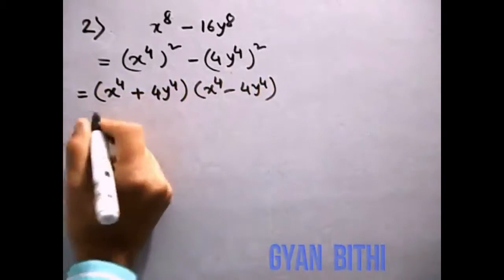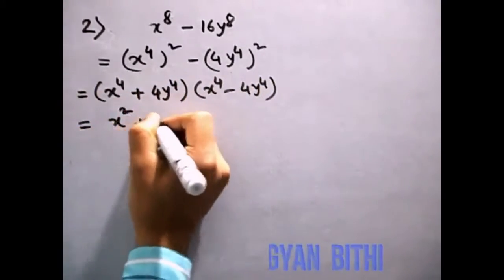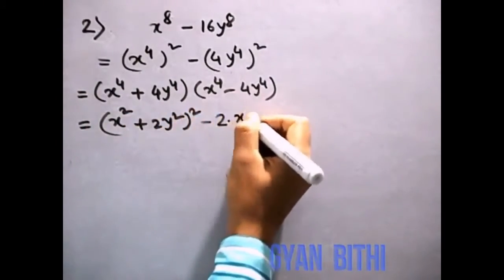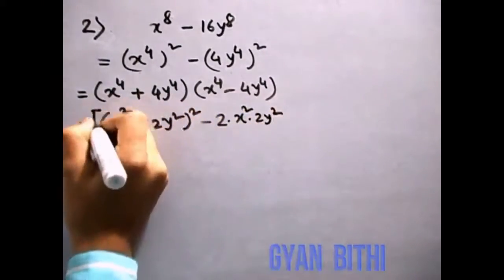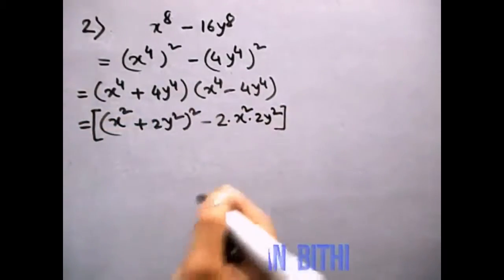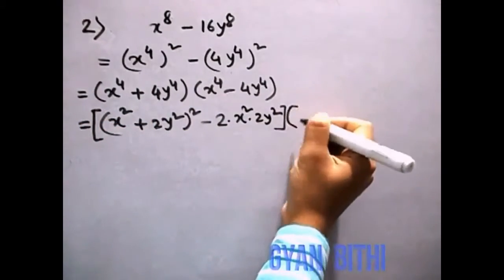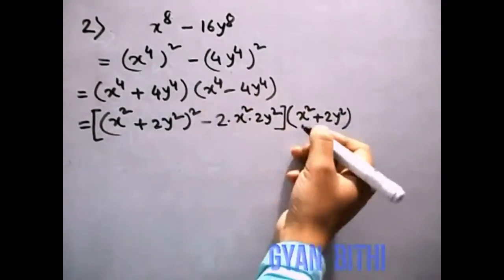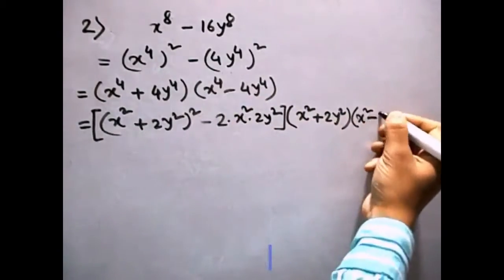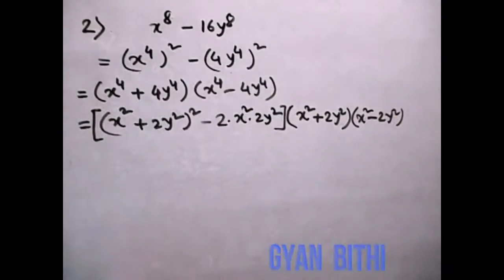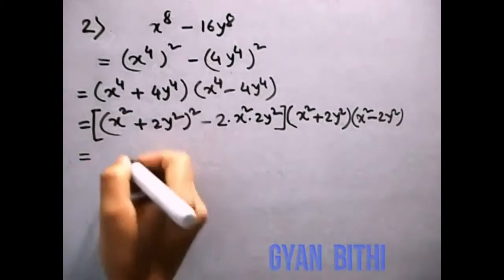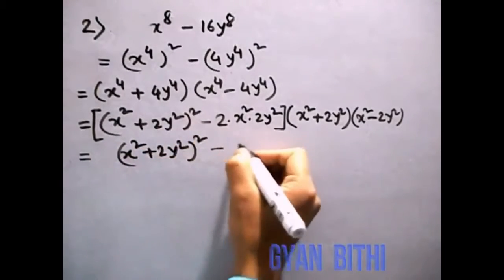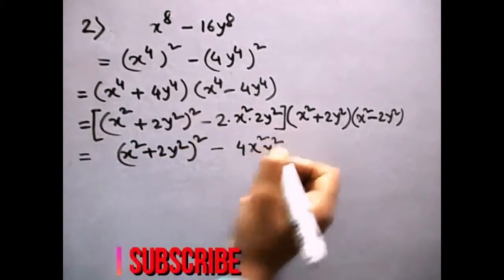This is equal to x square plus 2y square whole square minus 4x square y square, which comes in a square minus b square form, a plus b into a minus b.